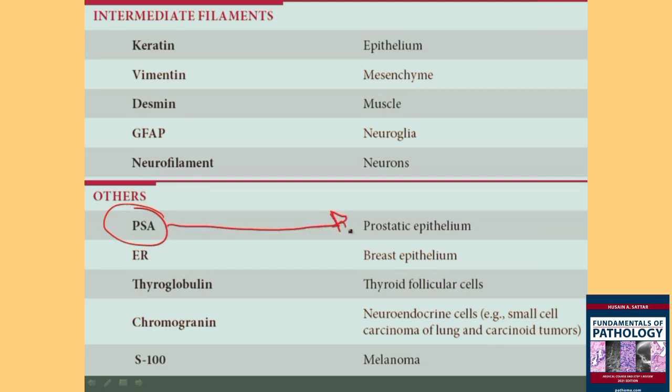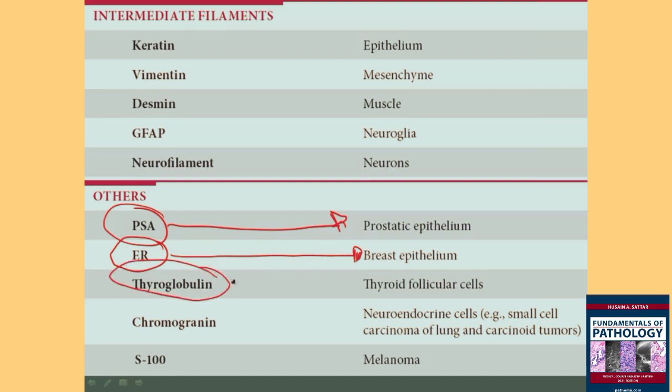Similarly, with breast, if a woman has a metastatic cancer in the lung, and I'm worried about where that tumor came from, one potential way of determining that would be to do an estrogen receptor stain. And if the estrogen receptor is expressed in those cells, it's possible that I'm dealing with a breast cancer because estrogen receptor is commonly seen in breast carcinoma.